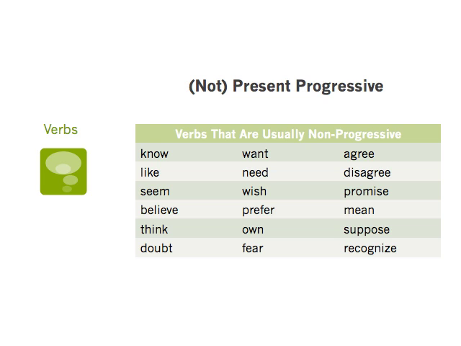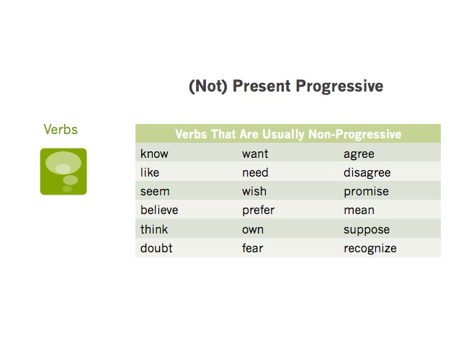Some verbs don't work in the progressive tense. These are so-called non-progressive or stative verbs because they describe states of being, that is, conditions or situations, rather than actions.